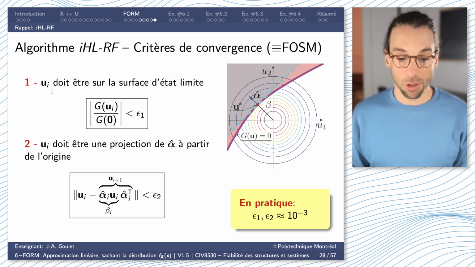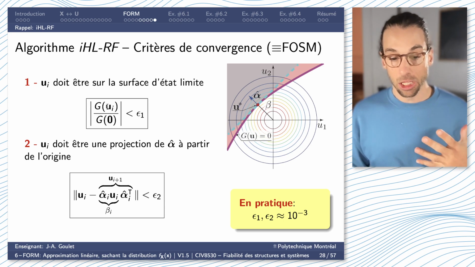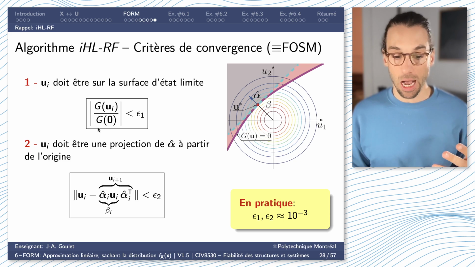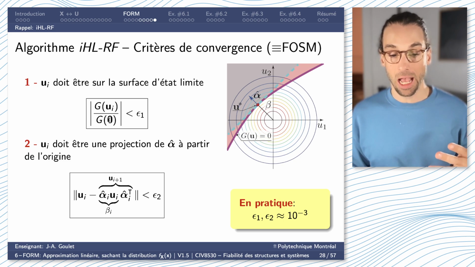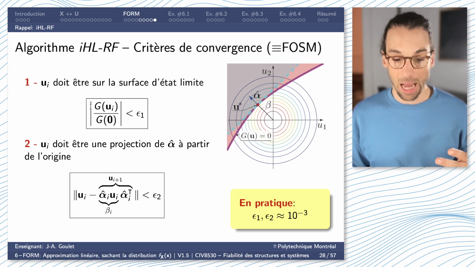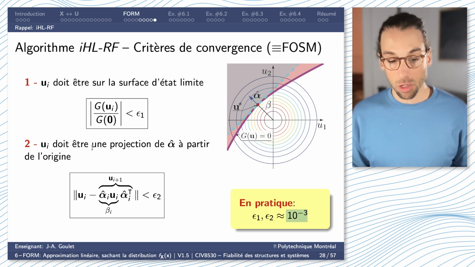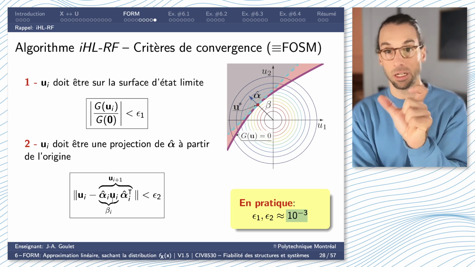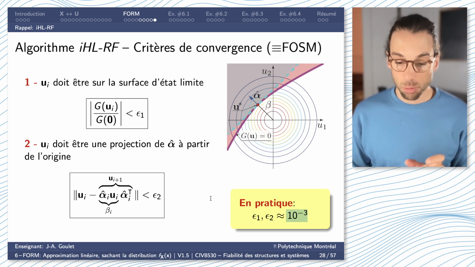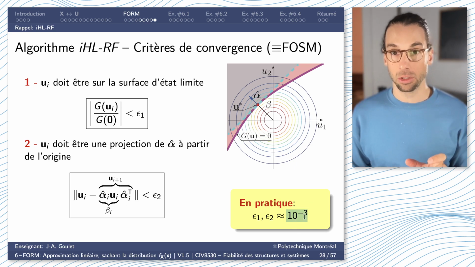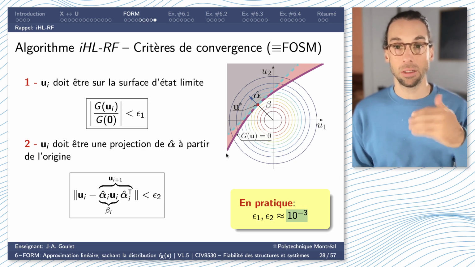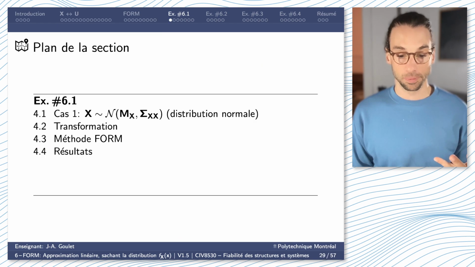The first criterion is that the ratio between g of ui and the original g at the origin, in absolute value, is smaller than a tolerance, which we can say is 10 to the minus 3. And the second one is that the difference between two successive linearization points must also be smaller than 10 to the minus 3. If we satisfy those two criteria, we deem that we have converged.